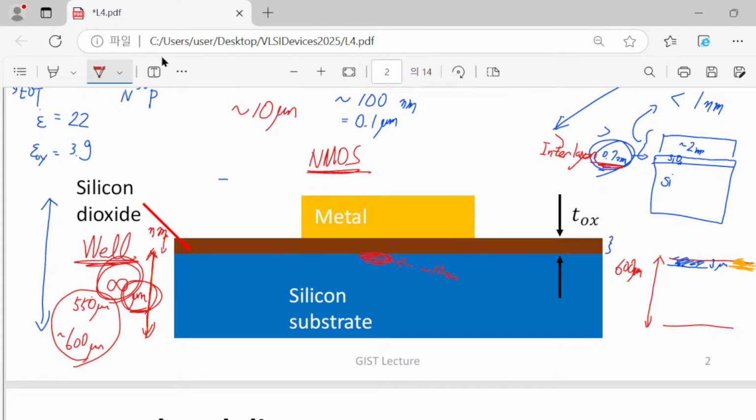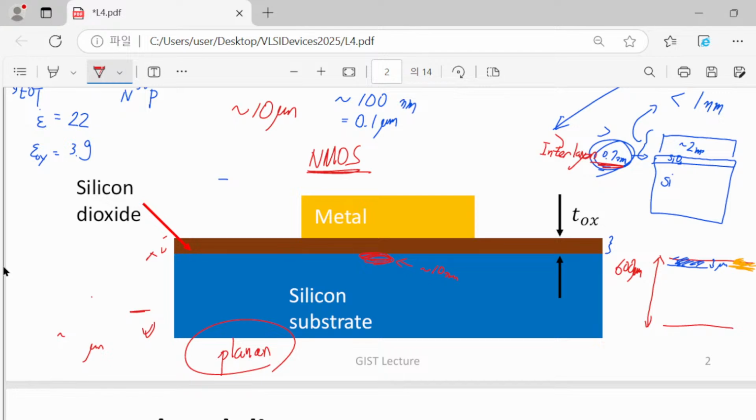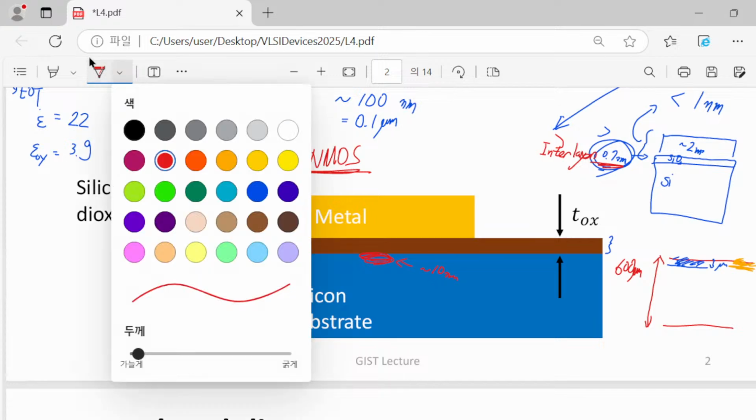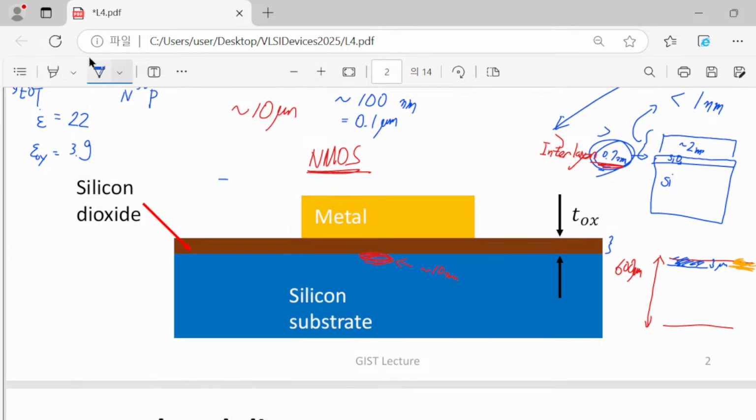So that was the case of our planar MOSFET, and hopefully in this semester, if our lecture goes smoothly as I planned, then later we will talk about a different structure not shown here, more relevant to our state-of-the-art device. So in this case, the blue region, reserved for silicon substrate in this diagram, now has finite thickness.